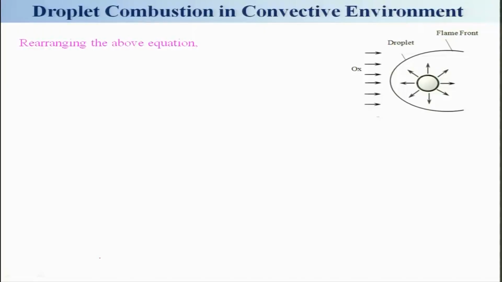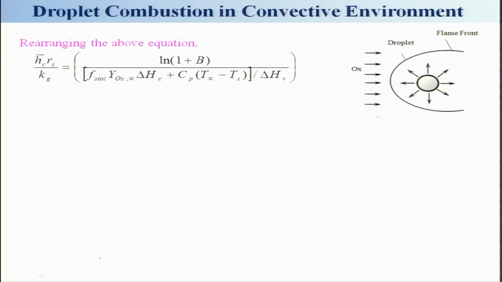So, rearranging the earlier equation, we can get h Rs by kg, and this is ln 1 plus B, and these terms we had discussed last time. If you look at it, this is nothing but your Nusselt number based on the radius at the surface, the radius of the droplet.